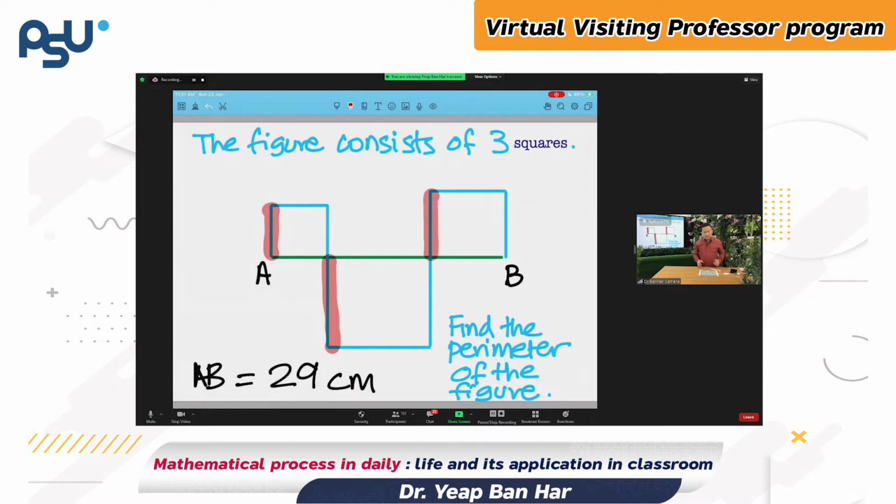Right, colleagues, I was just demonstrating application in the classroom. To summarize, we know visualization is an important mathematical process. It happens in our daily life because we always have to imagine.